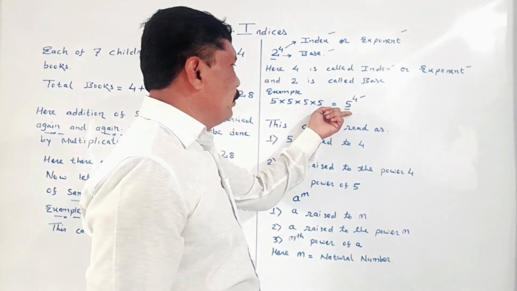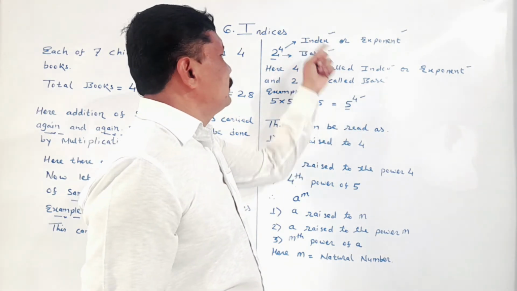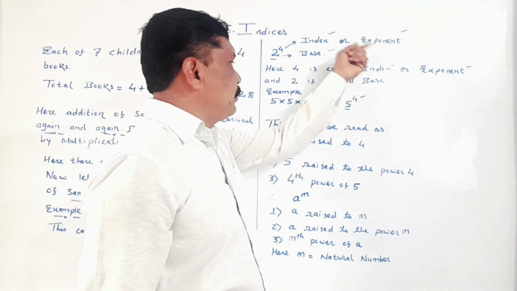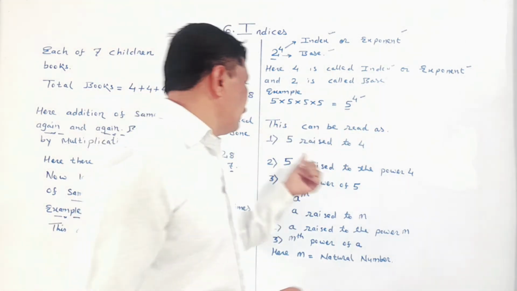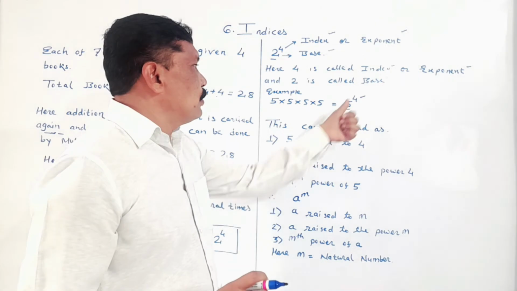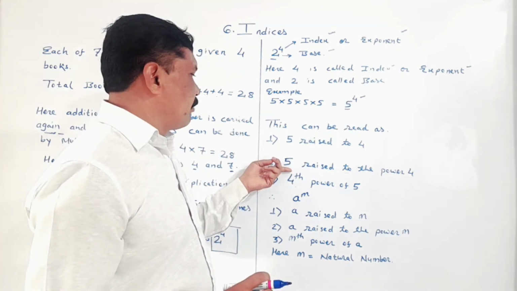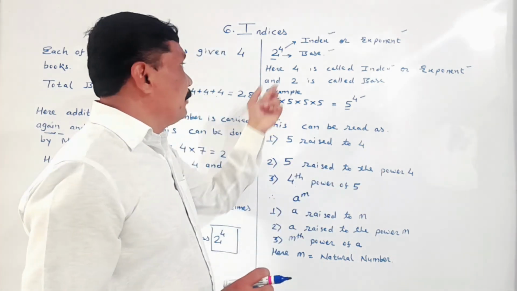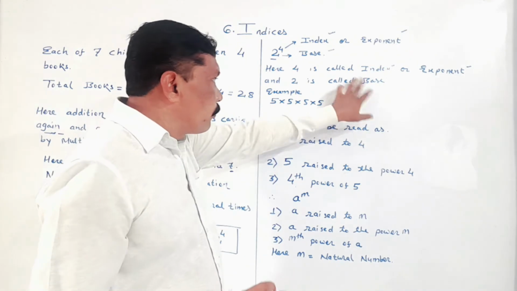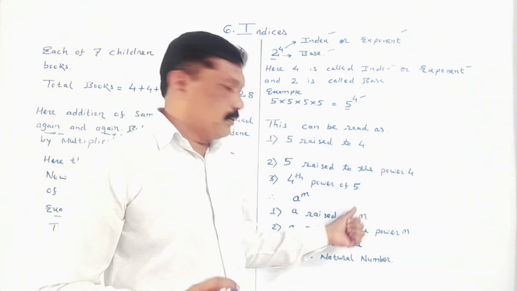This 5 as base and index 4 or exponent 4 can be read as 5 raised to 4. It can also be read as 5 raised to the power 4. It can also be read as 4th power of 5.